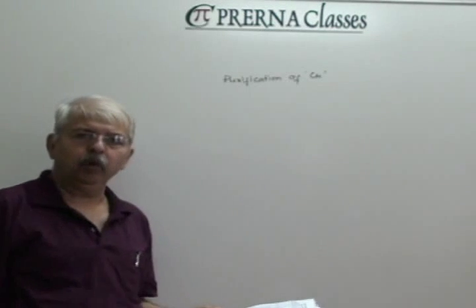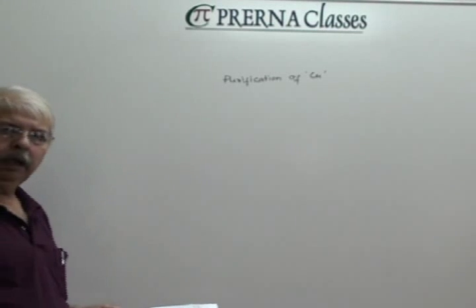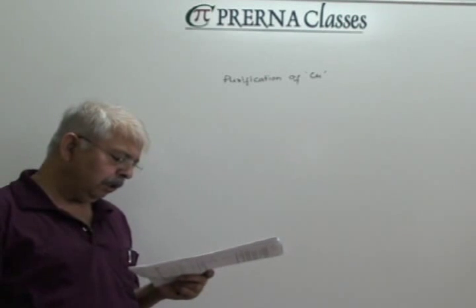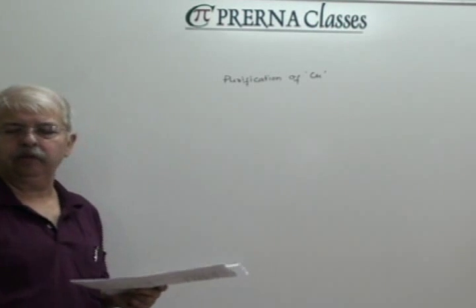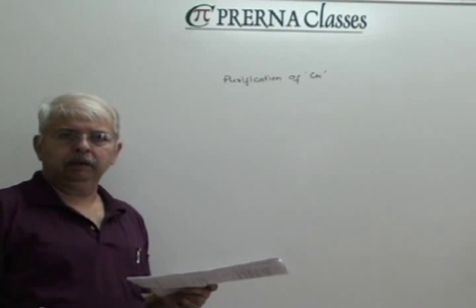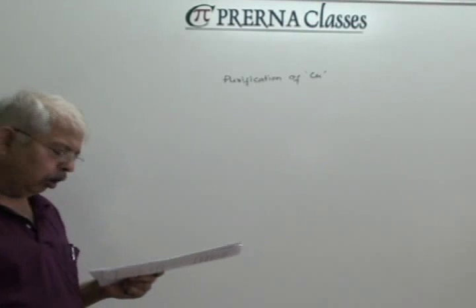Now again he has given 4 statements regarding purification of copper, and we have to find out the correct statements out of the 4. The first statement, impure copper strip is used as cathode, is wrong. In fact, pure copper is deposited at the cathode. So the first statement is wrong.